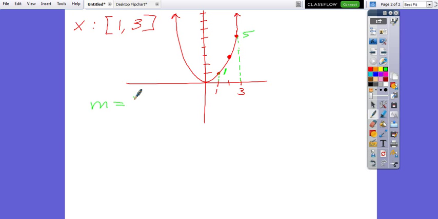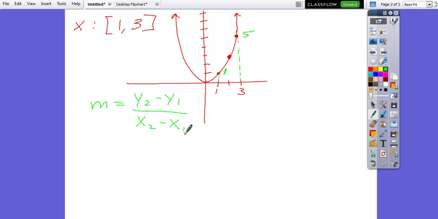There you go. It's y2 minus y1 over x2 minus x1, right? Is this old stuff? Yes, this is old stuff right here, right? Slope.